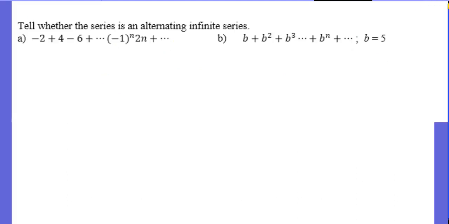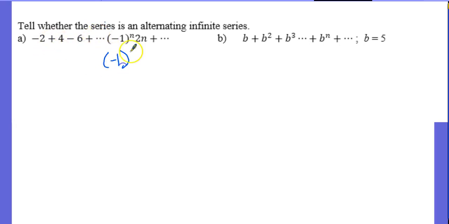So let's just answer these 2 questions. It says, tell whether the series is an alternating infinite series. So yes, it is, or no, it's not. Let's look at this one. You have negative 2 plus 4 minus 6 plus infinity interrupted by the rule, negative 1 to the nth times 2n. So what's the next number in our series supposed to be? 8. And what position is that? 4th position.